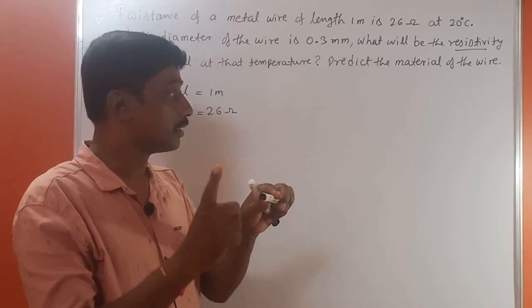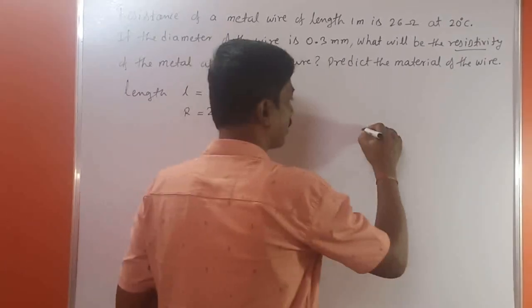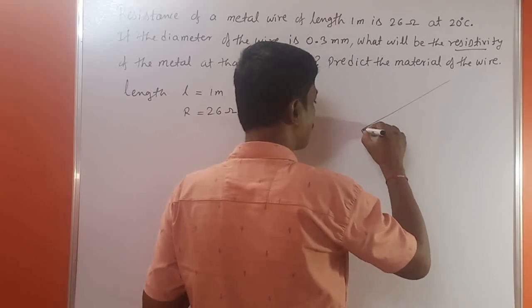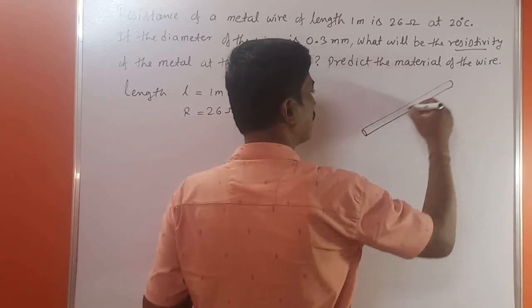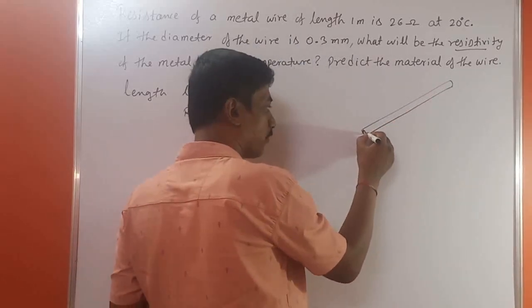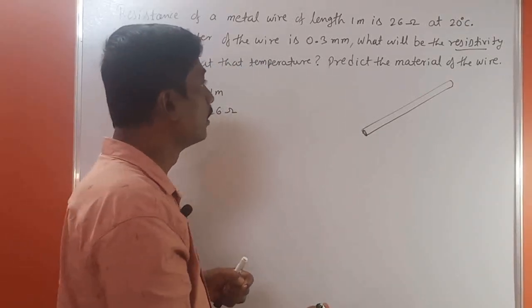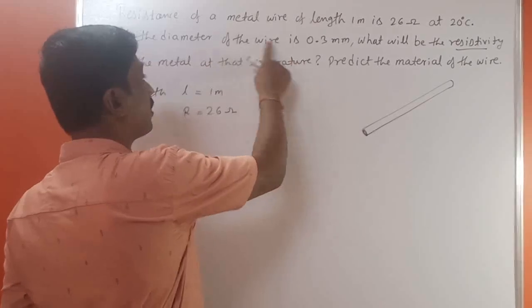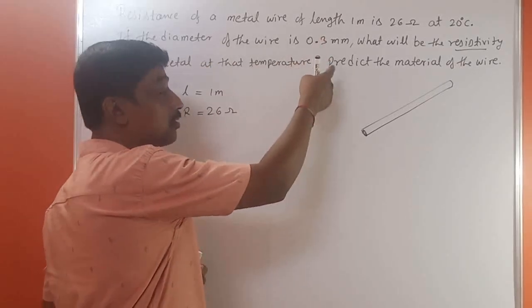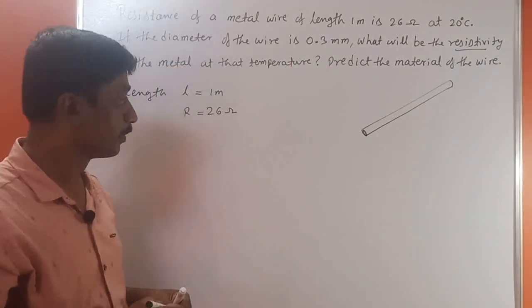So for better understanding, if this is the wire, and this is the area of cross section, which is circular and it has diameter. That's what they mentioned. The diameter of the wire is 0.3 millimeters.